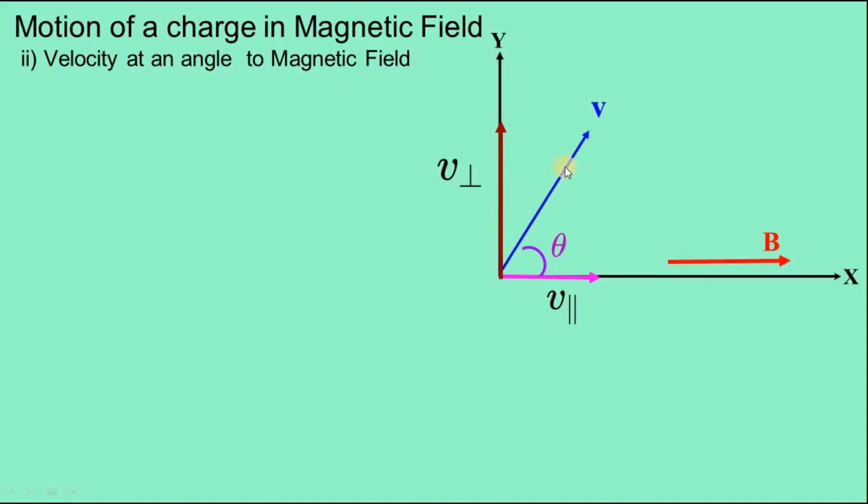This velocity can be resolved into two components, one along the x-axis called v parallel and another along the y-axis called v perpendicular. The v perpendicular is given by v sin theta and v parallel is given by v cos theta.